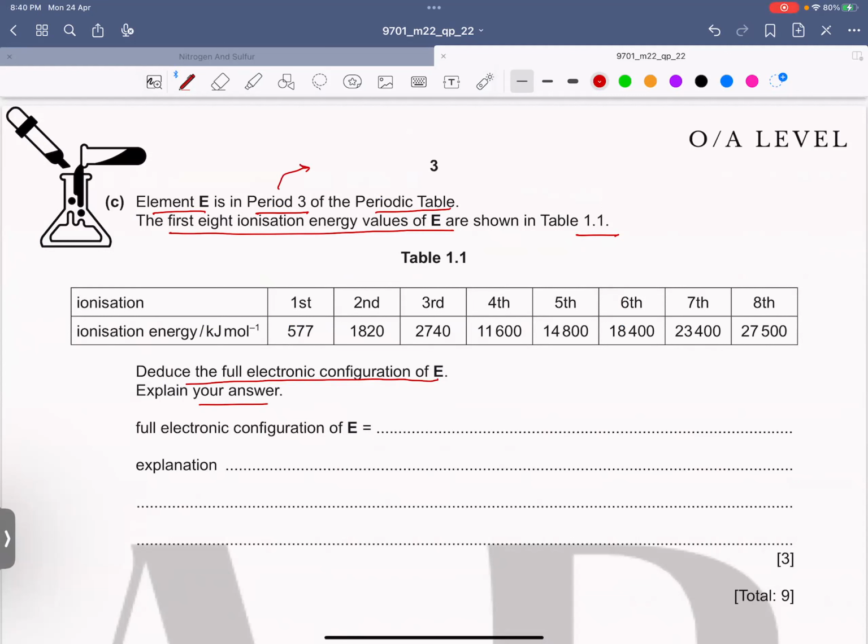If it is in period 3, then it means that it has 3 shells. Is this understandable to everyone? Yes, sir.